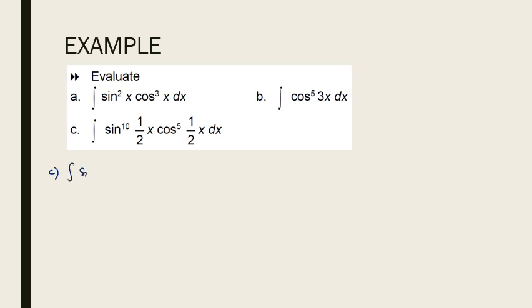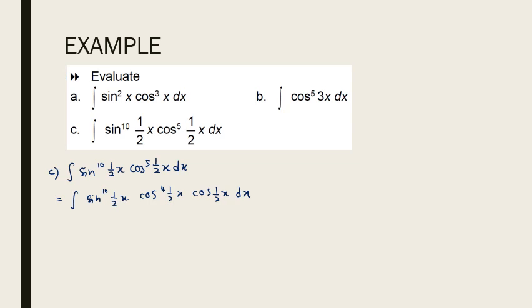So integrate sine power of 10 1 over 2x cos power of 5 1 over 2x dx. Okay, split first. Split the 5, so it becomes cos power of 4 half x cos half x dx. Okay, don't get confused with the half x.